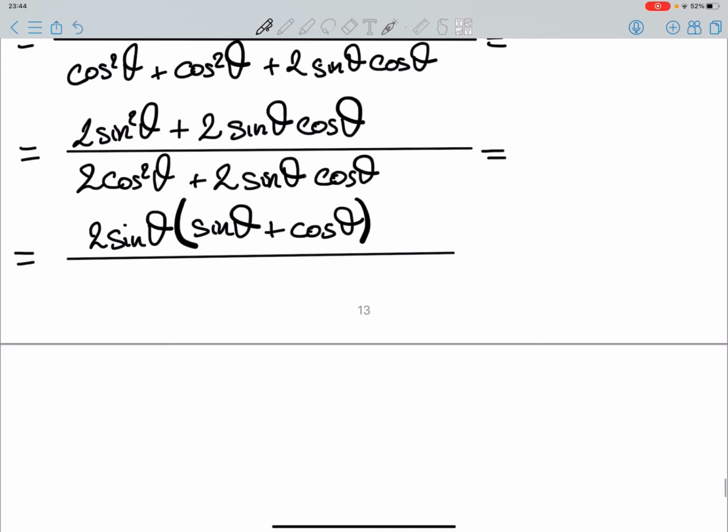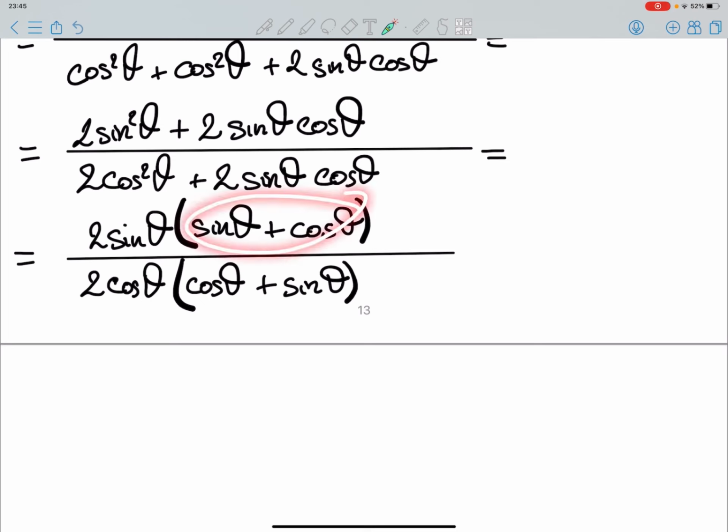And on the denominator, if we take 2 cosine of theta out of the bracket, we have cosine of theta, then plus sine of theta, right?